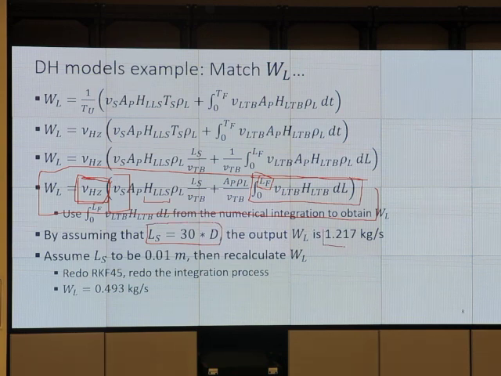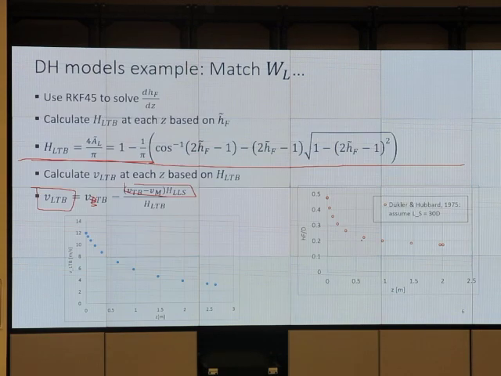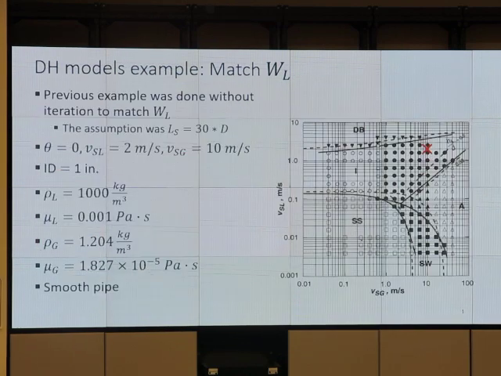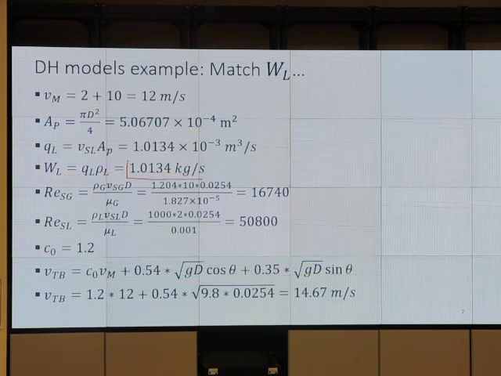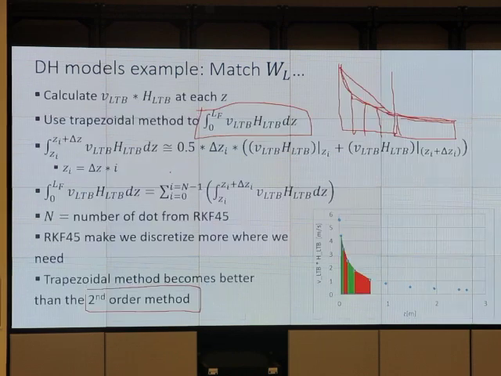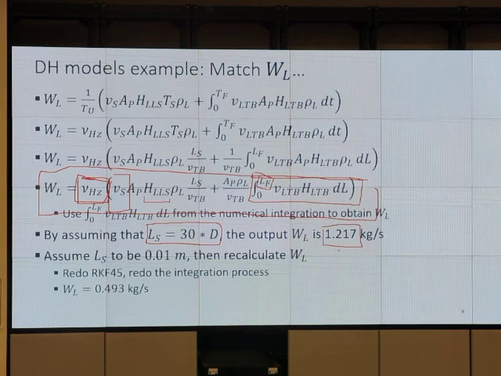The WL output is 1.217. What is the initial WL that I put in? I put in 1.0134. What I get out is 1.2. So it doesn't match.